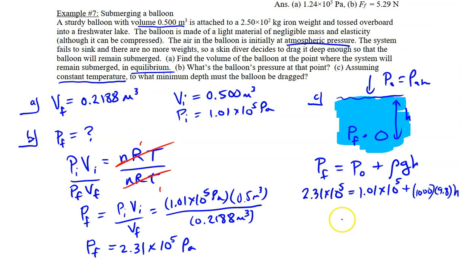When you work it all out in your calculator, the height is 13.2 meters. So that is the depth that the skin diver had brought the balloon down to.